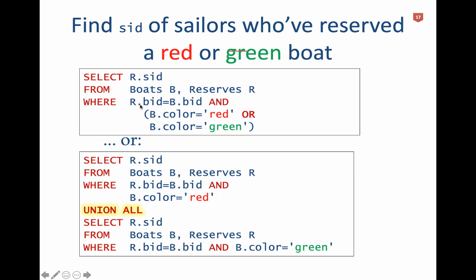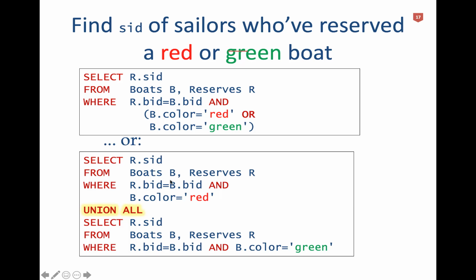Okay, so r.bid is equal to b.bid, and I'm going to actually present those sailors who have the boat color equal to red. So I get it from this join here. So we join the BID, the boat that the sailor has reserved, with the boat specifications from the boat table, and I'm going to look specifically at the color of the boat. So in here we check if b.color equal red or b.color equal green, and you can actually use OR, okay, and you have brackets here.